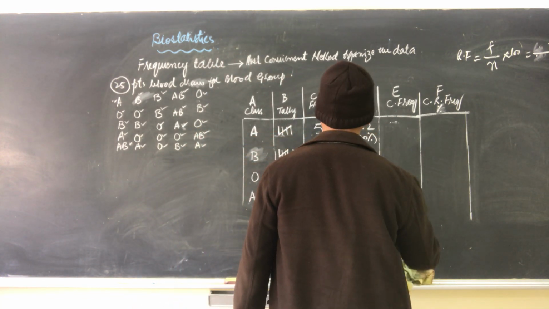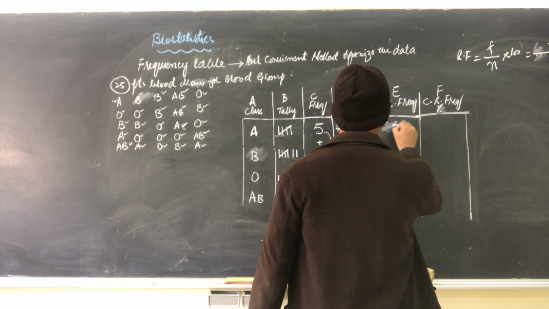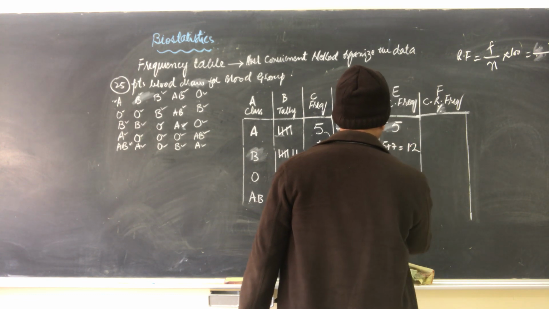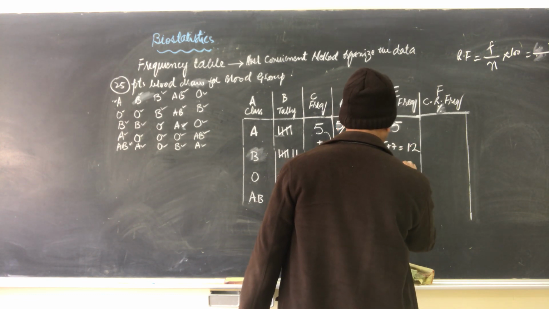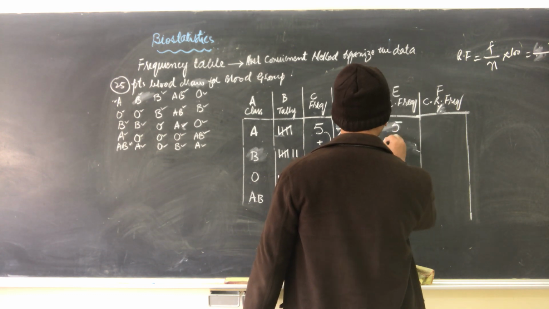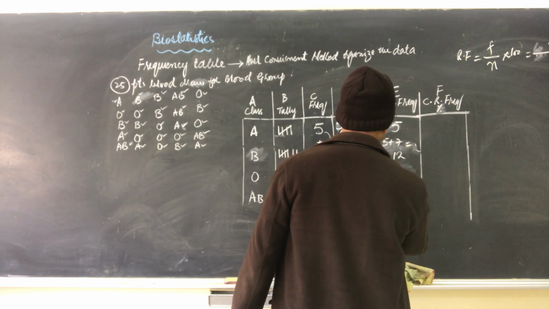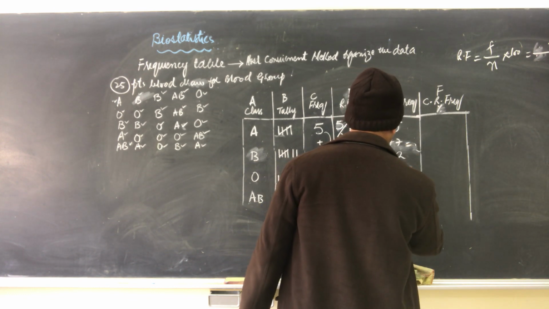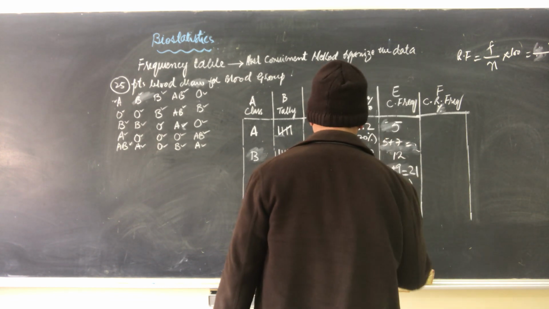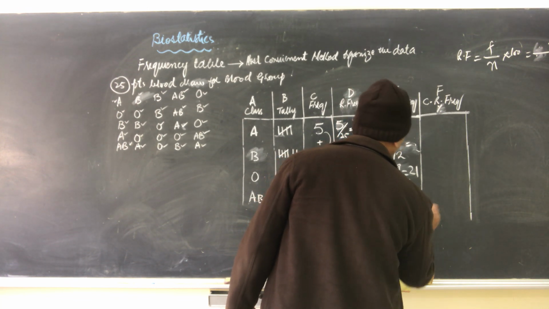So the first one is 5, 5 plus 7 is equal to 12, 12 plus 9 is equal to 21, and 21 plus 4 is equal to 25.